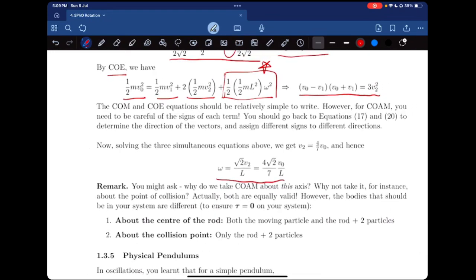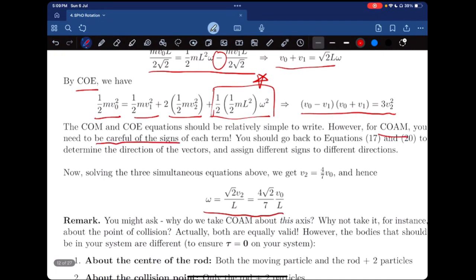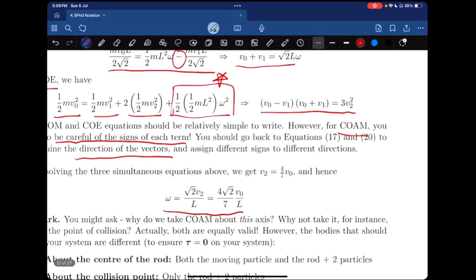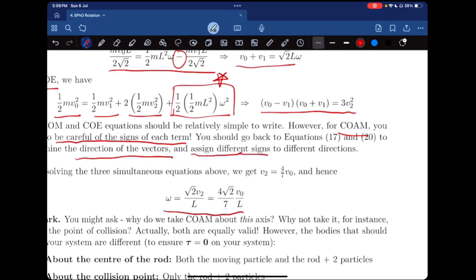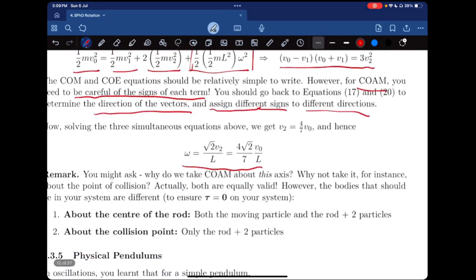So, a few remarks here. For COAM, as I mentioned, be careful of the signs of each term. Determine the direction of the angular momentum vectors and make sure that you assign different signs to different directions. Another remark here is, why do we take COAM about this axis?